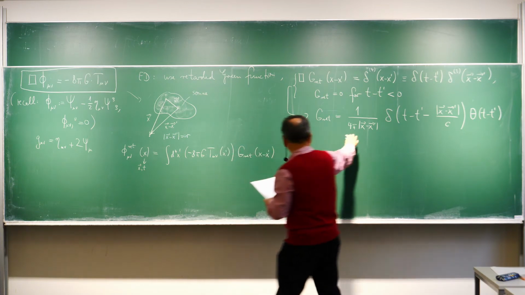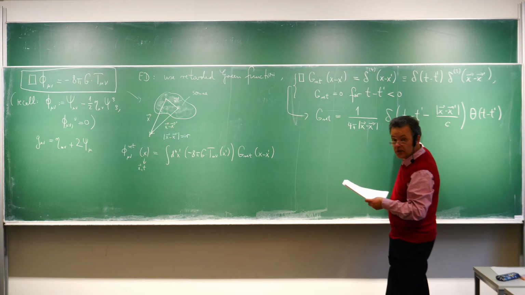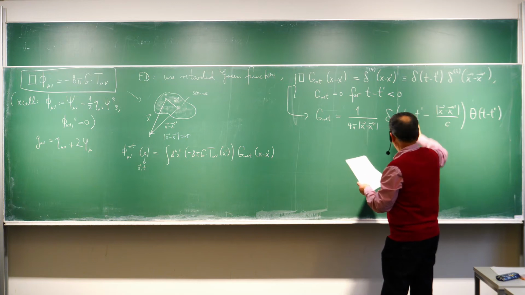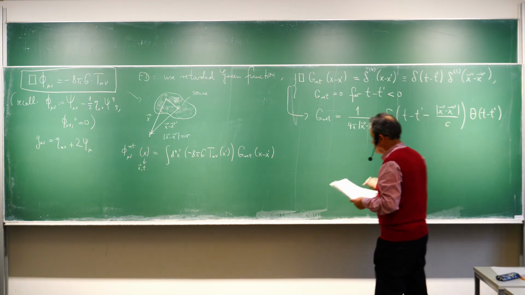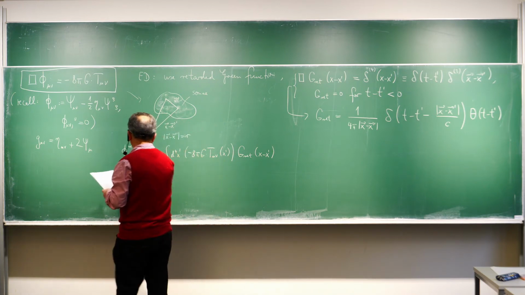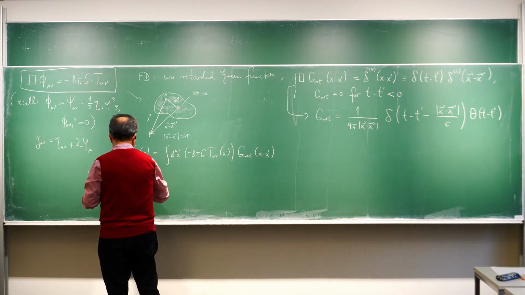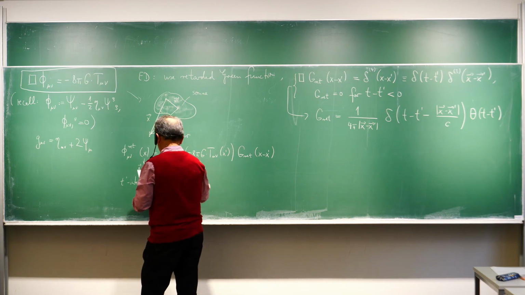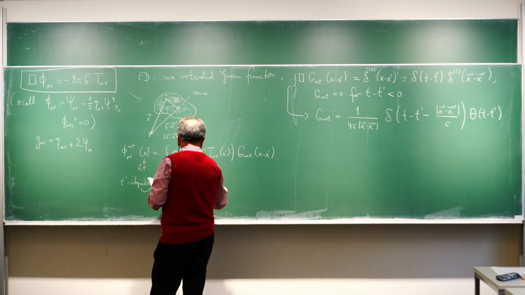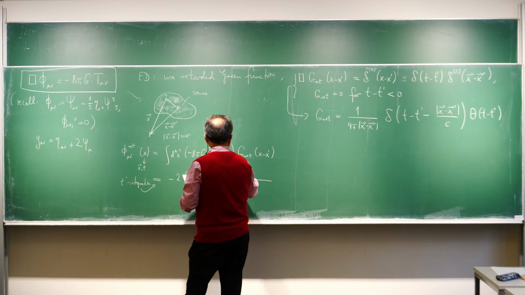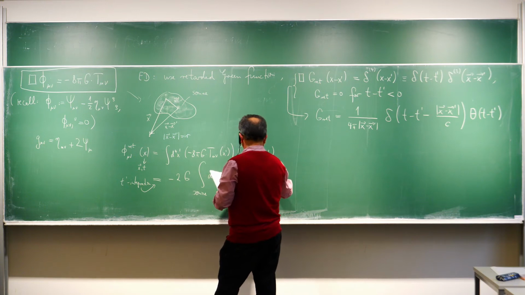So if I insert this here and if I perform the temporal integration, so I get rid of this delta function here, I am left with, after having the t prime integration, minus 2G times the integral over the source d3x prime of T mu nu of x prime, t minus r, over r.